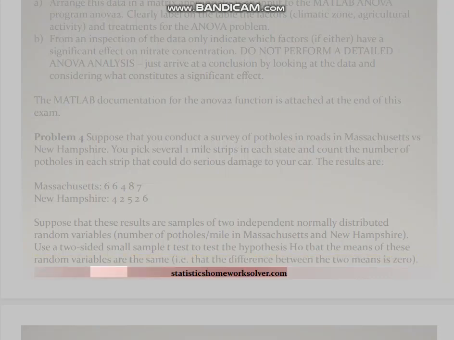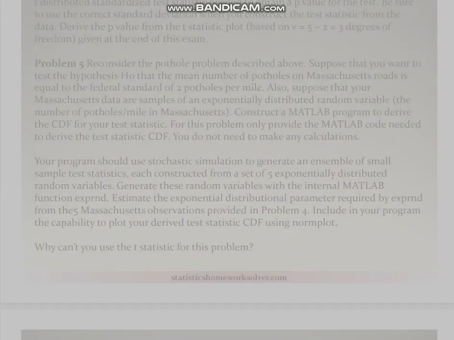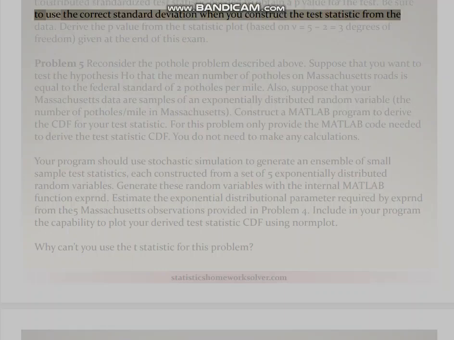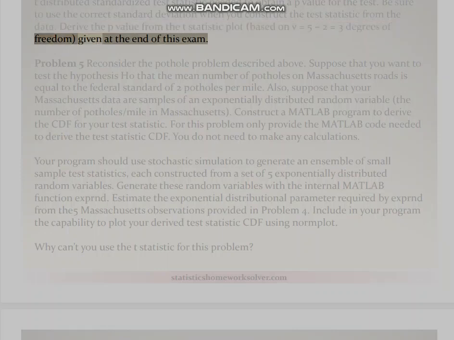Identify and evaluate the T-distributed standardized test statistic needed to obtain a p-value for the test. Be sure to use the correct standard deviation when you construct the test statistic from the data. Derive the p-value from the t-statistic plot, based on nu equals 5 + 2 - 2 = 5 degrees of freedom, given at the end of this exam.